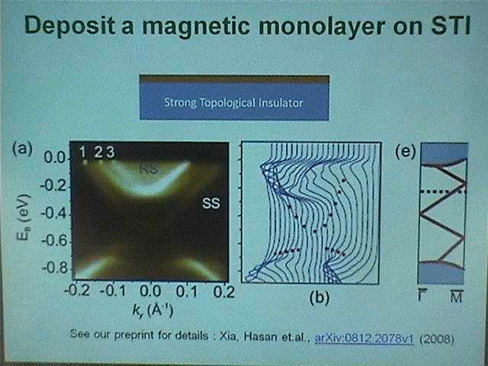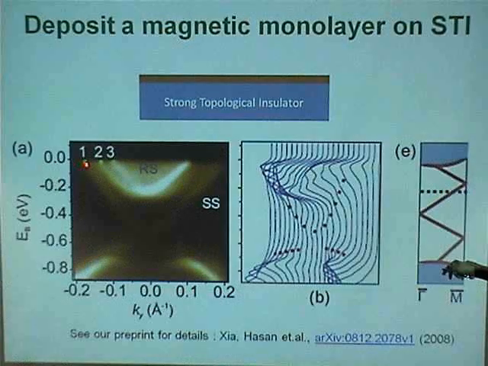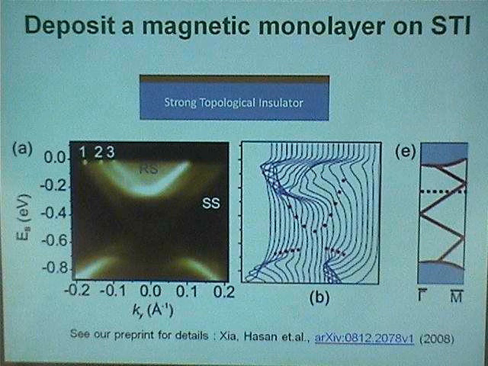So one can see that there's a very nice protected Kramer's point there, and then when I put iron on the system, I see two things. One, actually, it's better from the raw data, is that it became parabolic, and then it opened a gap, and that's one thing.